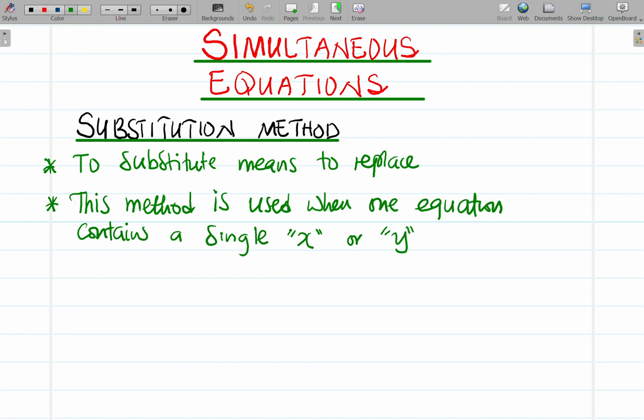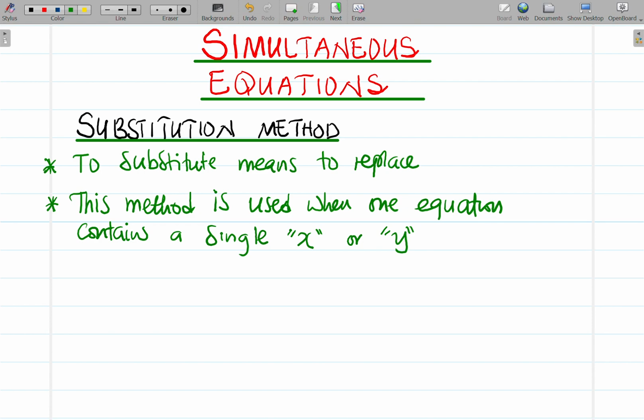That is when you can use the substitution method. Remember, when we are looking at simultaneous equations, we're looking at equations in two variables. When one of the equations has a single x in it or a single y in it, then you are certain that what you can use here is the substitution method.